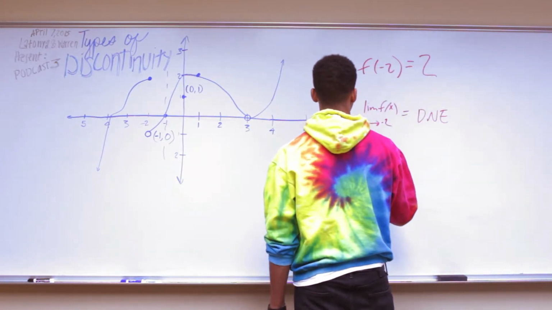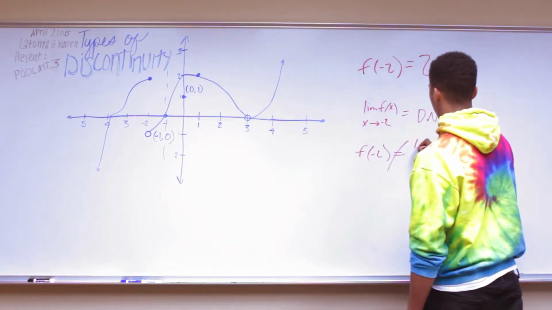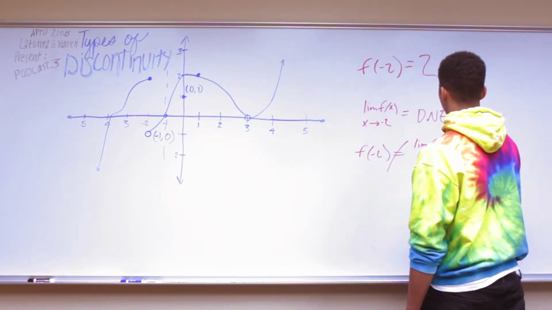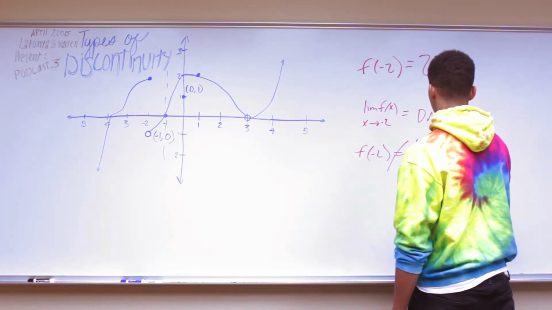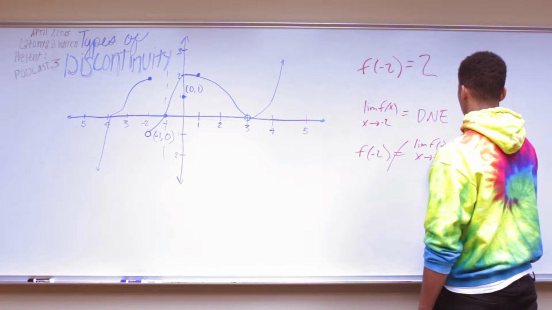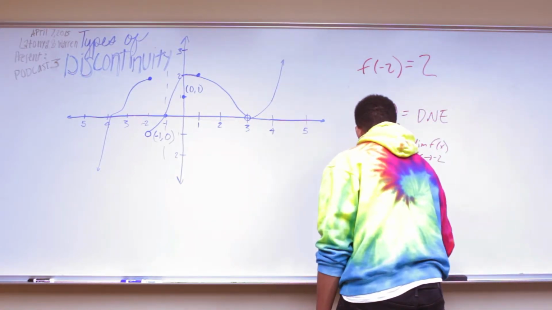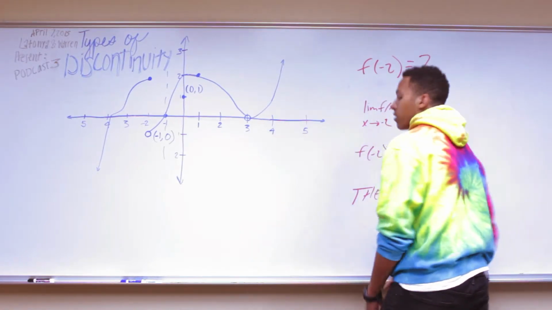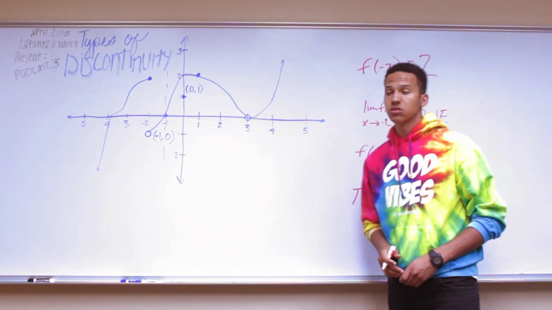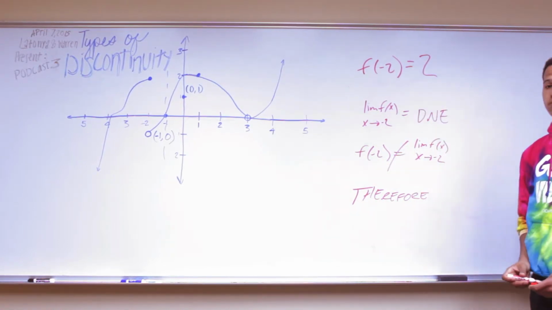The function f of -2 does not equal the limit of f of x as x approaches -2. Therefore, the function is not continuous at x equals -2.